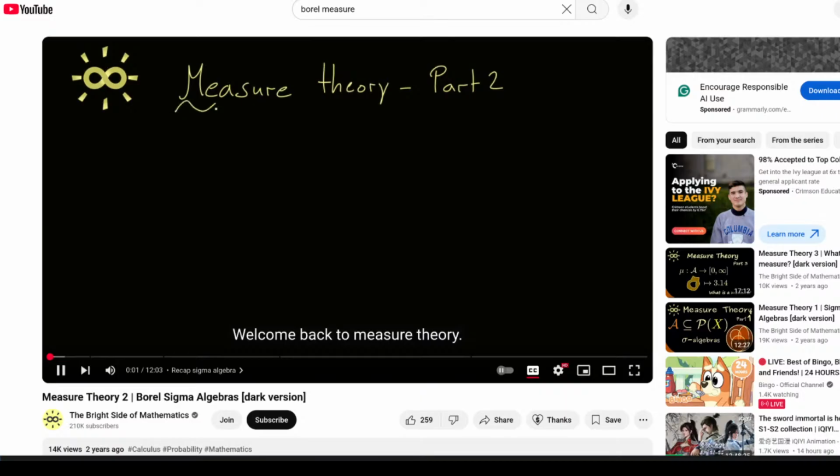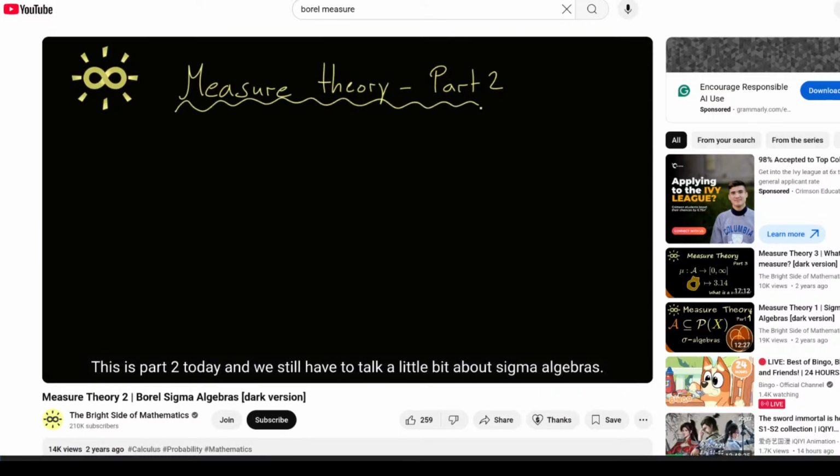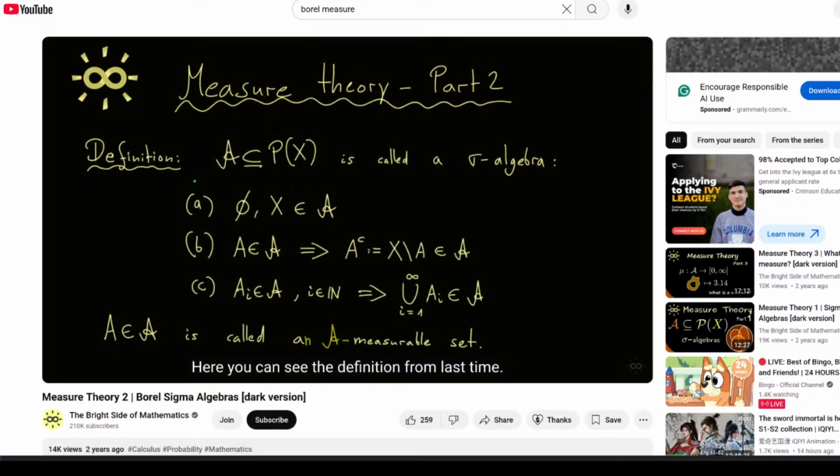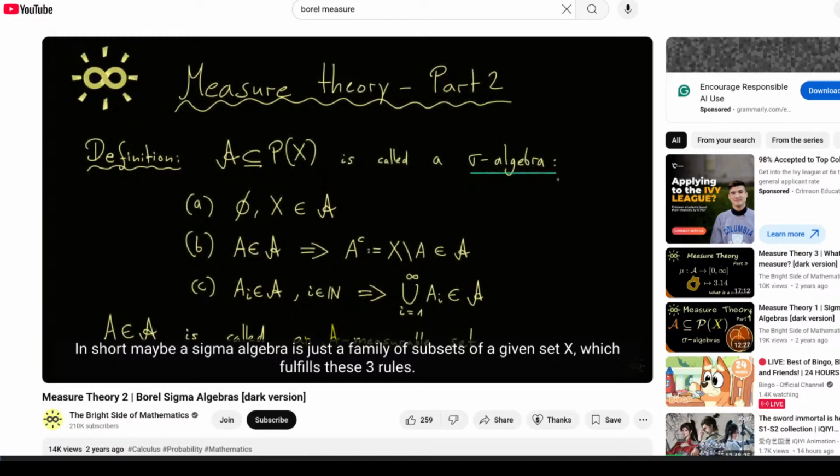Welcome back to Measure Theory. This is part 2 today, and we still have to talk a little bit about sigma algebras. Here you can see the definition from last time. In short, a sigma algebra is just a family of subsets of a given set X which fulfills these 3 rules.